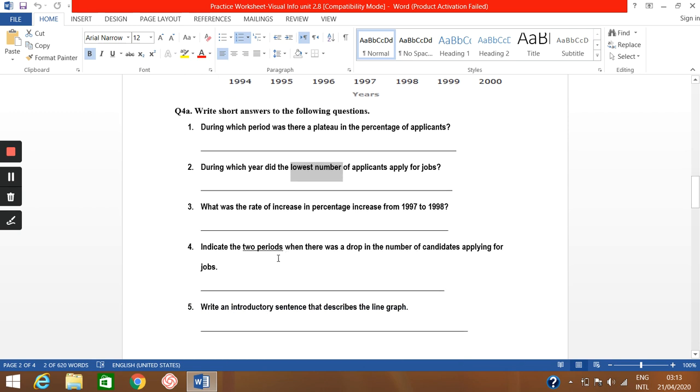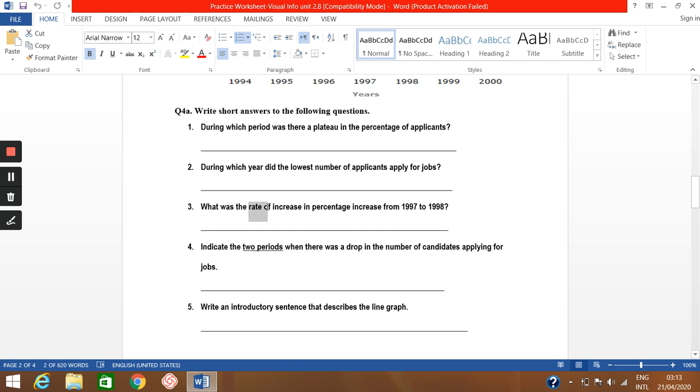Now, the third question is this one here. What was the rate of increase in percentage increase from 1997 to 1998? Here, there are two things that you have to concentrate on. The first part is what was the rate?